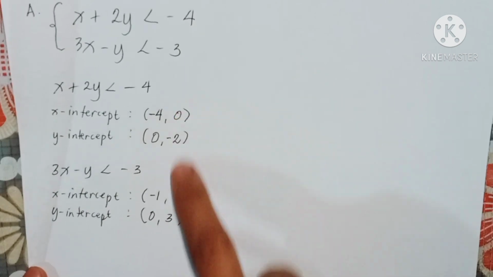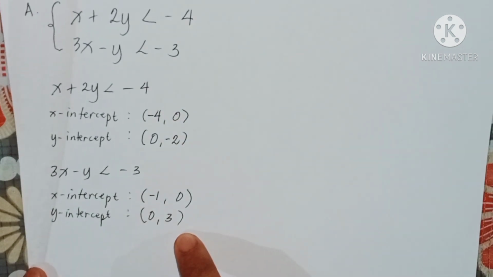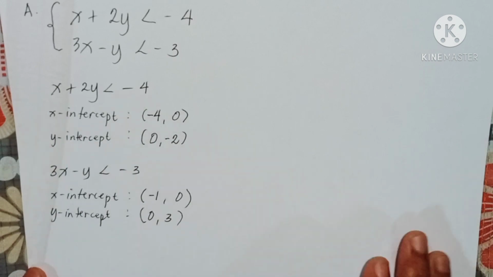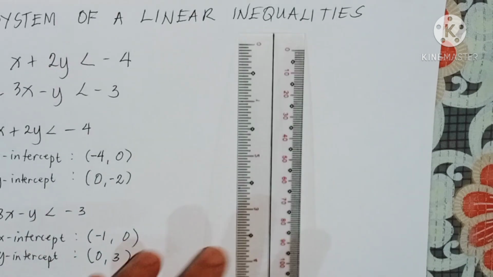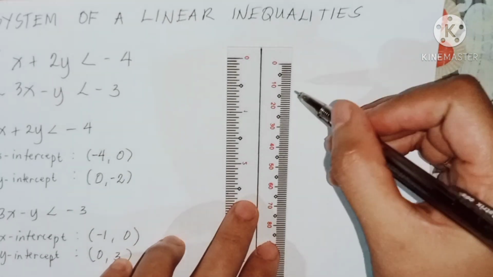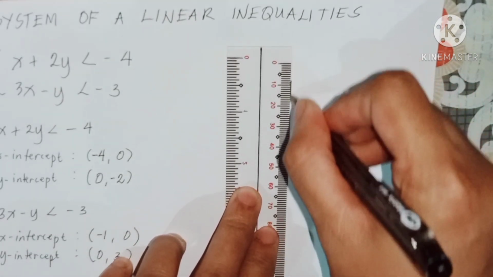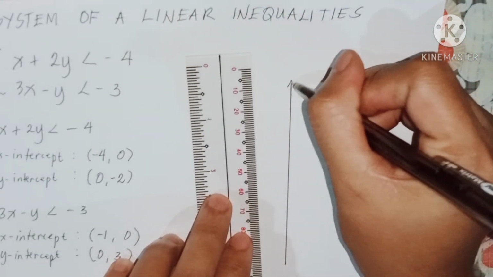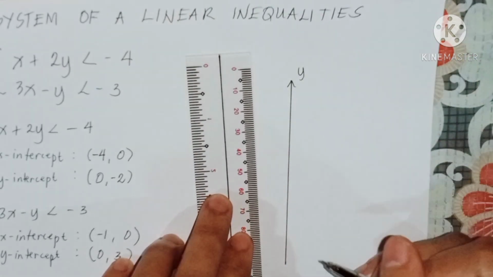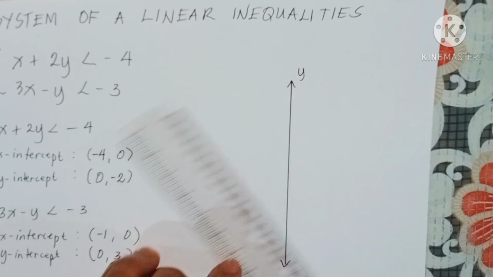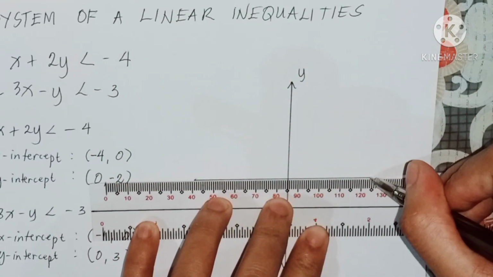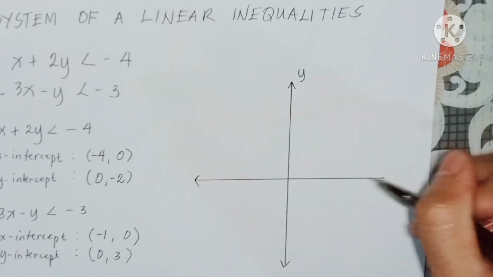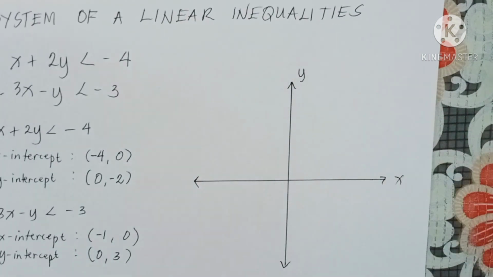Since we already identified the values that we have to locate on the Cartesian plane, let's draw now a Cartesian plane. The vertical line is called the y-axis, and the horizontal line is called the x-axis.